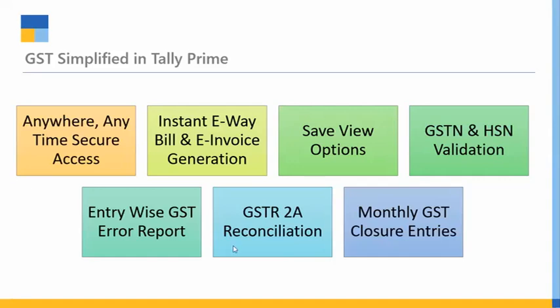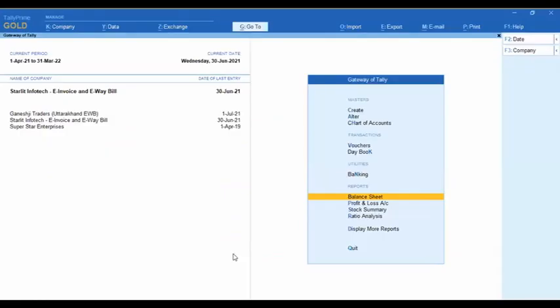Before starting this part, I would like to make you understand that in any company where you are preparing the GST books of accounts, many things are automated. Certain things are very important where you need to take care, which many accountants miss.